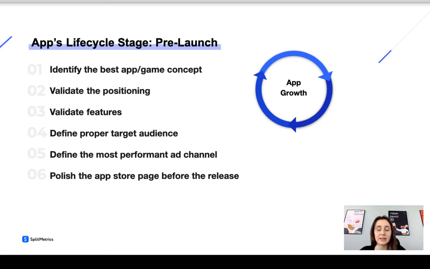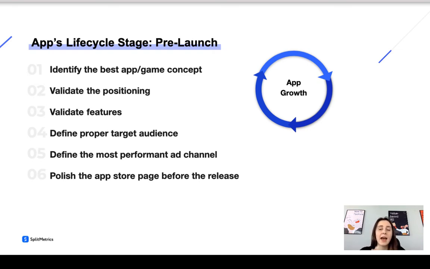So at this stage, A/B testing is mainly used to research the market or to validate the app's idea or concept, or you might as well get behavioral stats that will help you polish the App Store page and the app itself before the release. These data can help you save a good deal of time, money and other resources for the development, and minimize the risk of failing in the market post-launch.